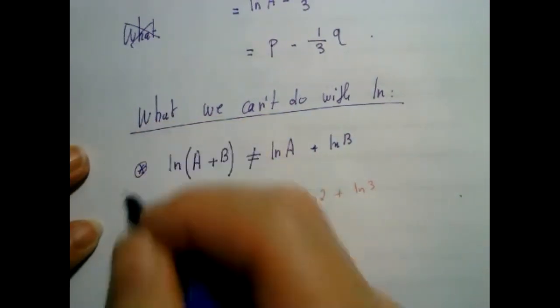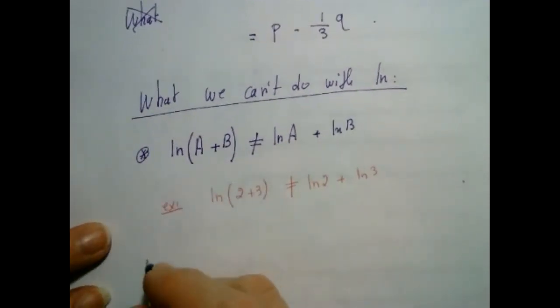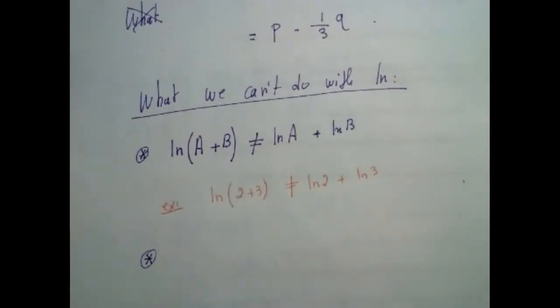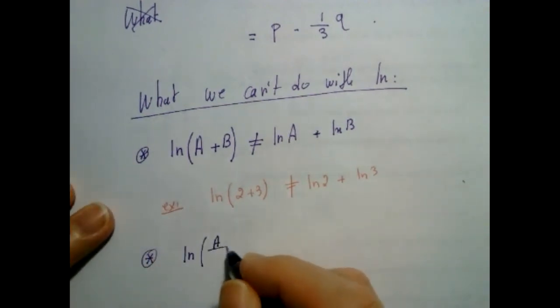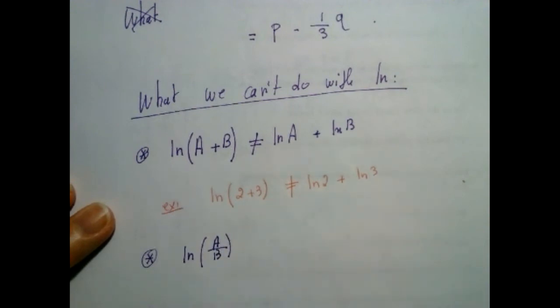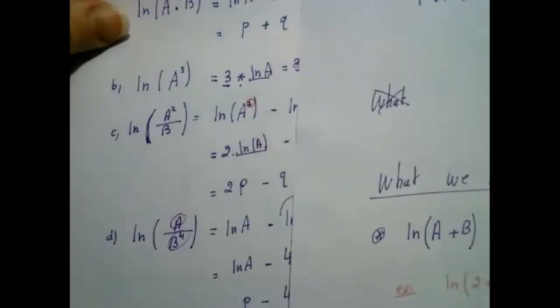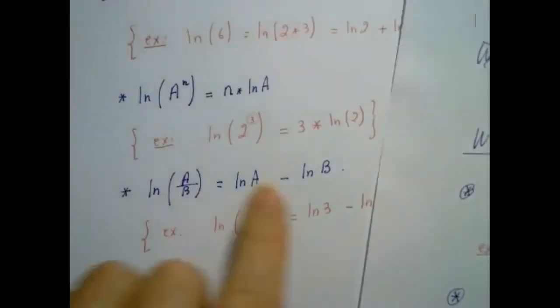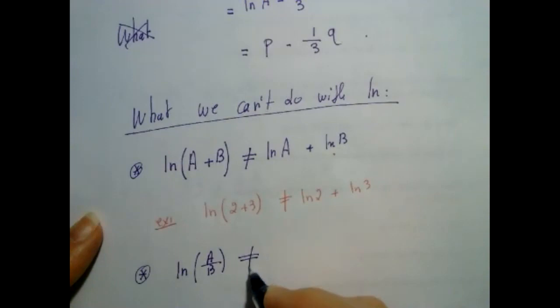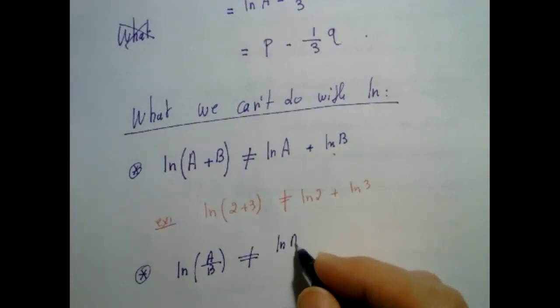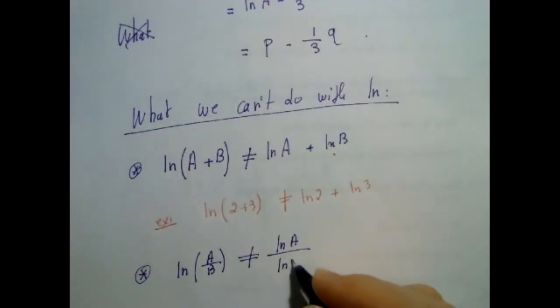Now, another thing that our nature tells us we should be able to do, but we cannot, is this: when I have ln of a over b, the correct answer is ln of a minus ln of b. We cannot split it. It's not ln of a over the ln of b.